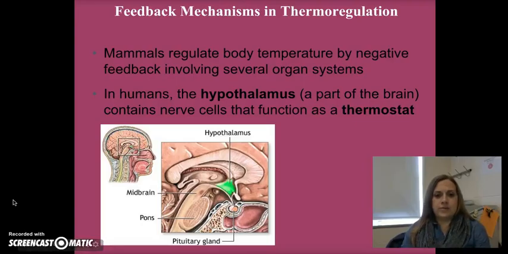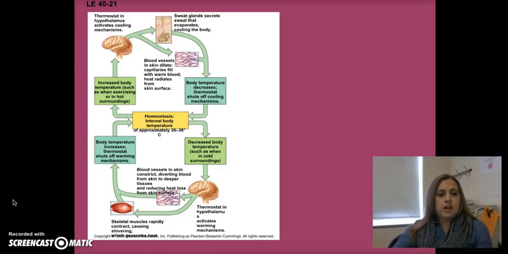Okay, so back to feedback mechanisms and thermoregulation. Mammals regulate body temperature by negative feedback that involves several organ systems. In humans, we've got the hypothalamus, which is a part of the brain that contains nerve cells to function as a thermostat. And so here we have the thermostat, and the hypothalamus will activate cooling mechanisms. So you've got sweat glands that will secrete sweat, which will then evaporate and cool the body.